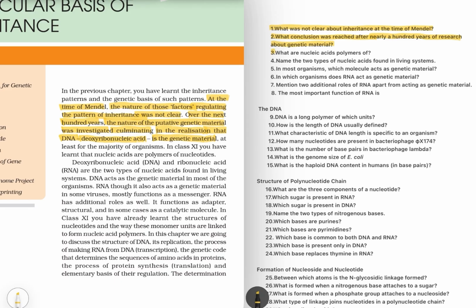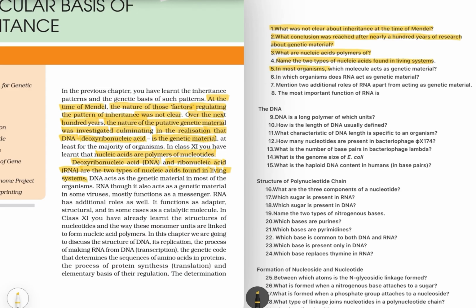What are nucleic acids polymers of? Nucleic acids are polymers of nucleotides. Name the two types of nucleic acids found in living systems. Deoxyribonucleic acid, the DNA, and ribonucleic acid, RNA, are the two types of nucleic acids found in living systems.